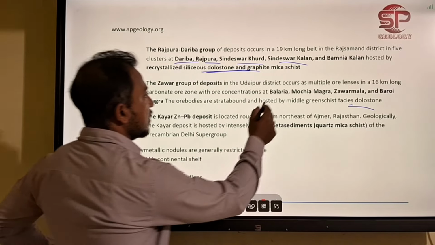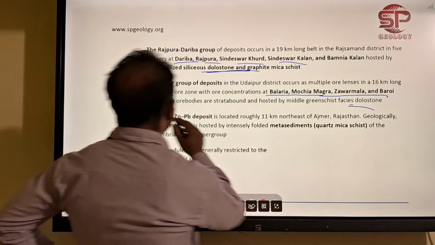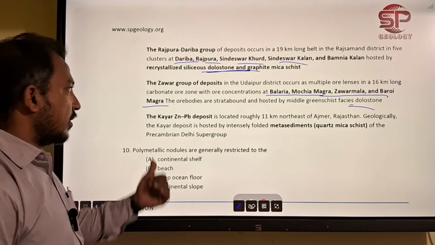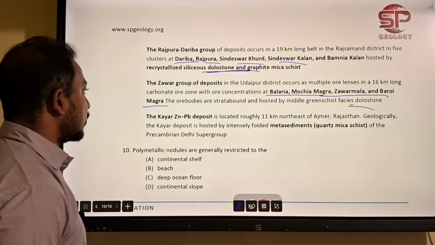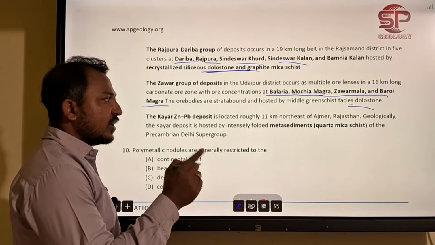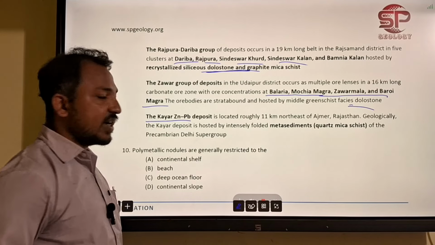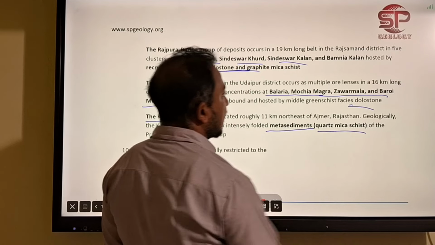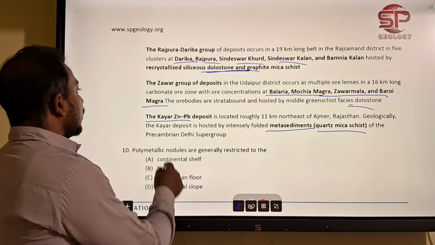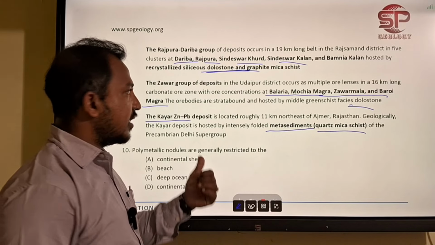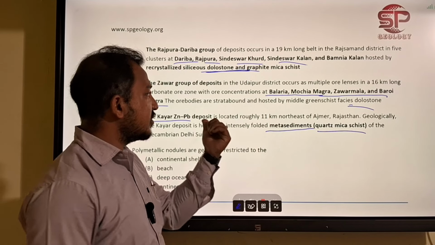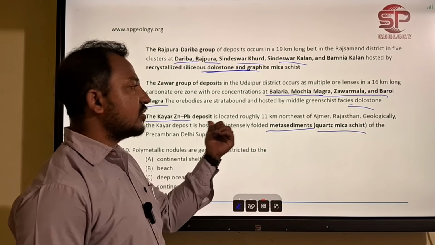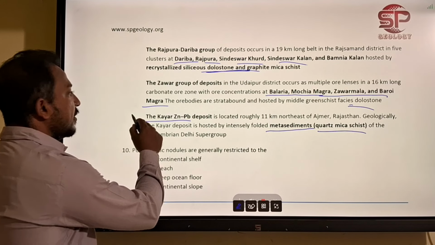These are the regions or places where you will get PbZn deposition. Another deposit in Rajasthan is the Kayar PbZn deposit, hosted by a metasedimentary rock, that is mica schist. So the first three are very important. Also remember, the Kayar PbZn deposit is present in Rajasthan.